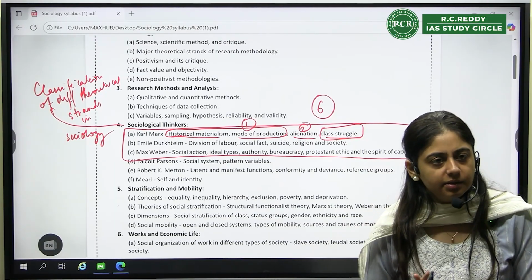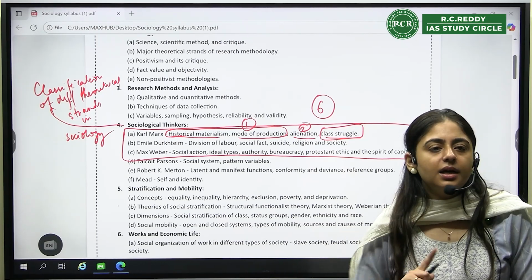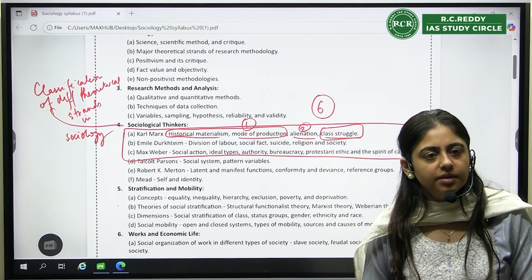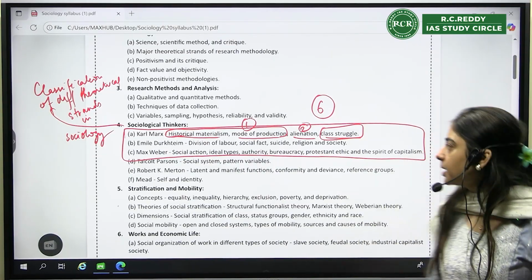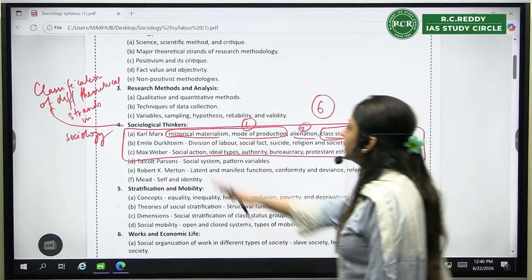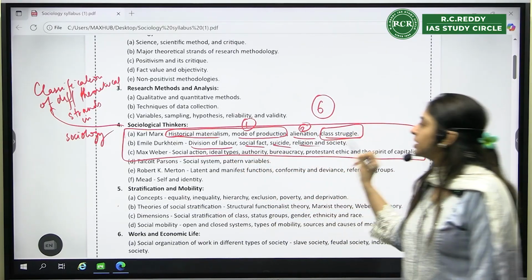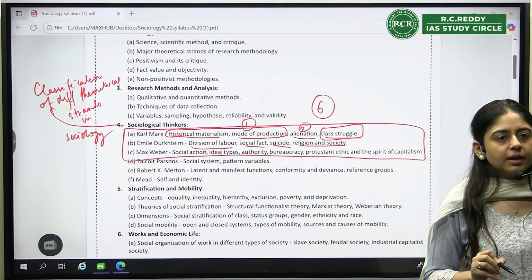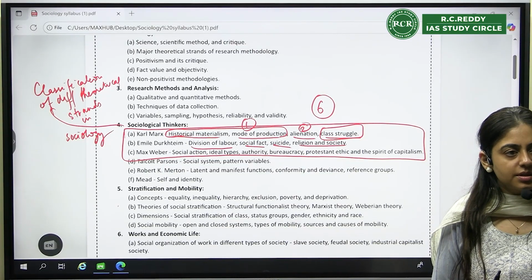Very interesting thinker. This is a person who wrote his theories in 1800, and his theories are even true today, in 2026 also, right? Then we will be doing Emile Durkheim, his theory of division of labor, social fact, suicide, religion. He was one of the pioneer sociologists.